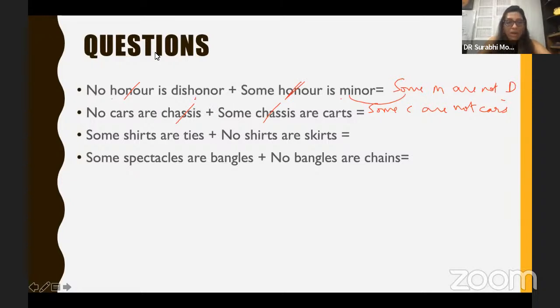Do the next two together. So it will be some minor are not dishonor. Don't start with no, Sia. It's some-not. It's not no-some. Very good.